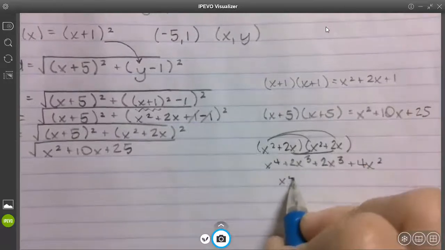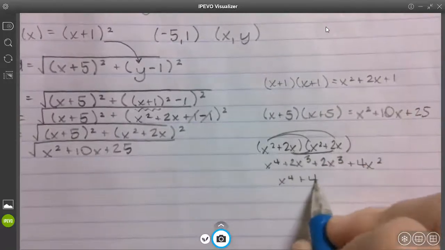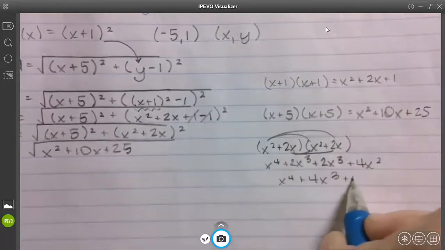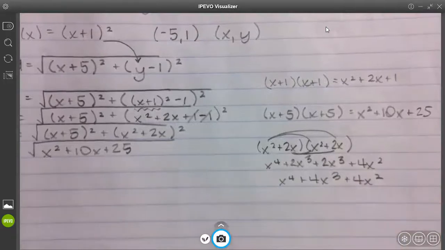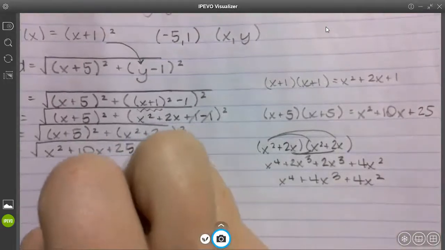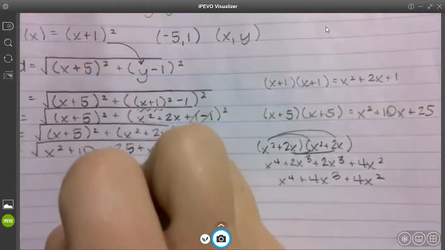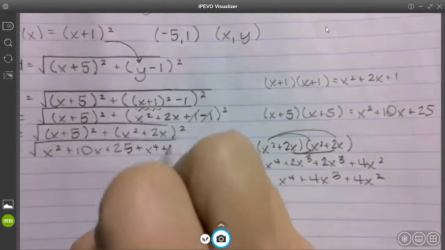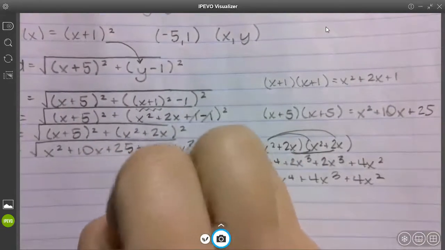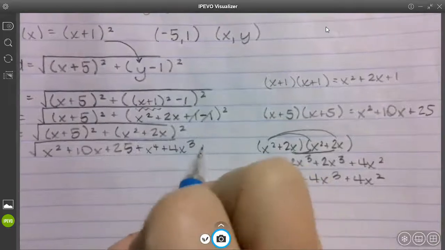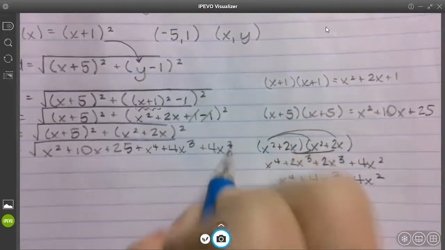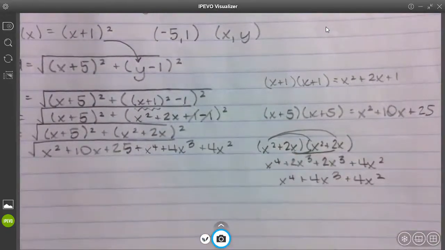So that means we actually get x to the fourth plus 4x cubed plus 4x squared. And that's also going to go under the radical. So plus x to the fourth plus 4x cubed plus 4x squared. After that, you're going to clean it up.